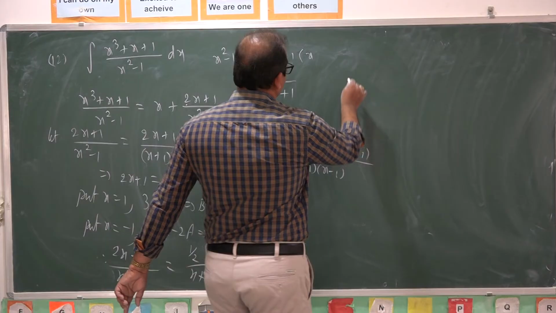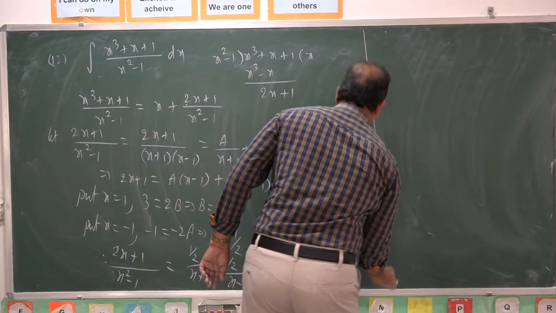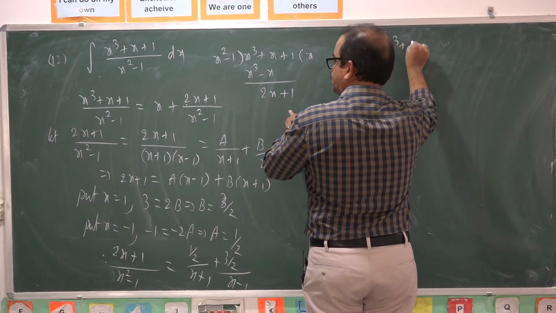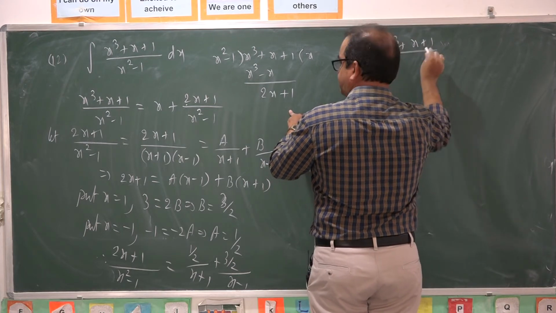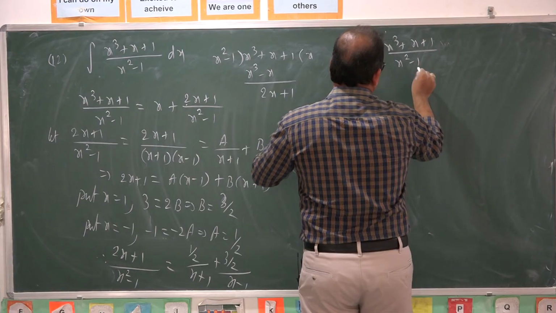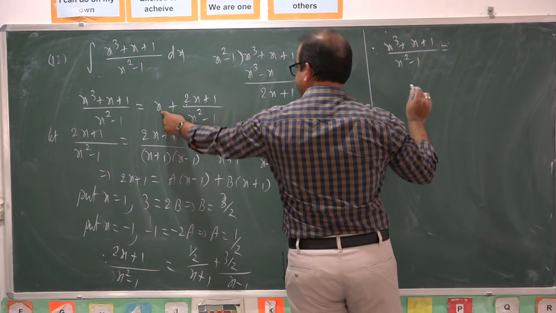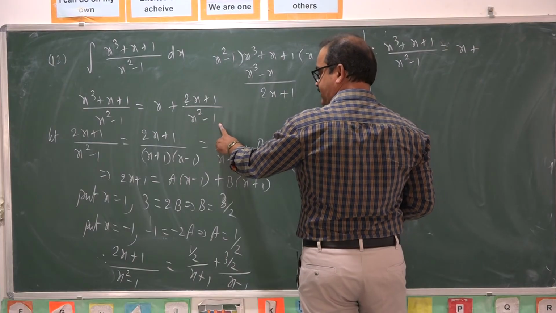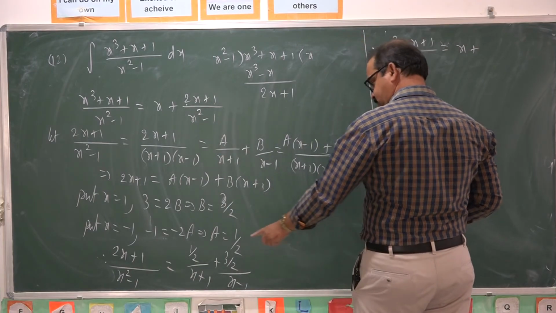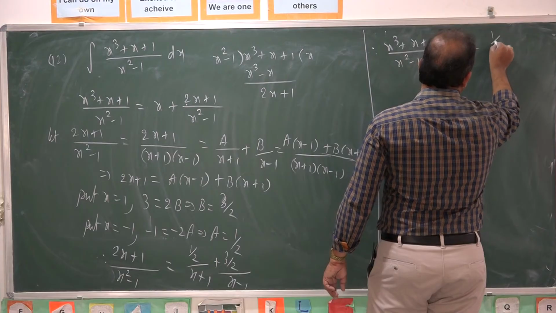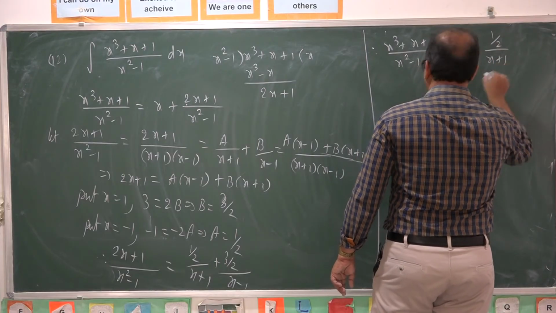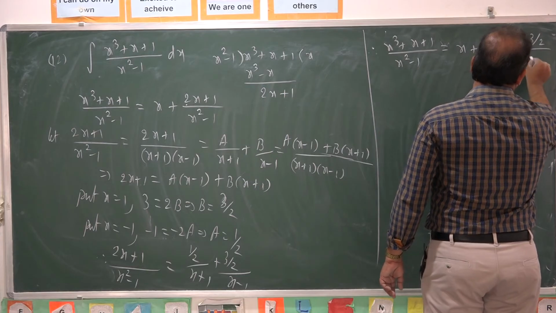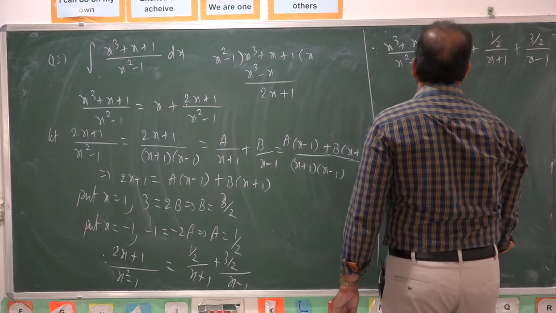Therefore, x cube plus x plus 1 by x square minus 1 is equal to x plus 2x plus 1 by x square minus 1, that is 1 by 2 by x plus 1 plus 3 by 2 by x minus 1.